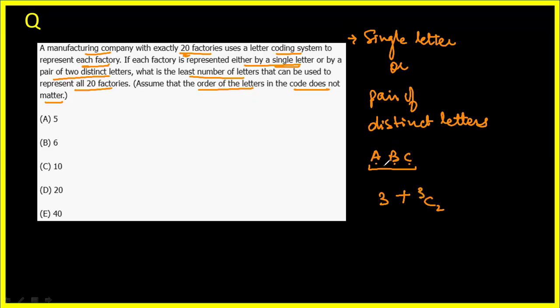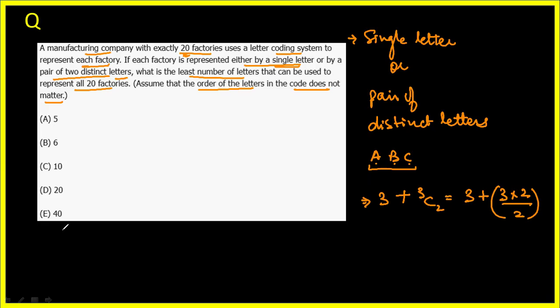So if there are three objects or three distinct letters, how many codes can be generated? That is 3 plus 3C2, and that is 3 plus 3 times 2 divided by 2.